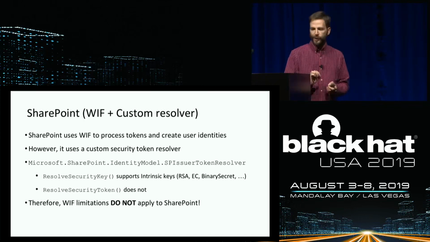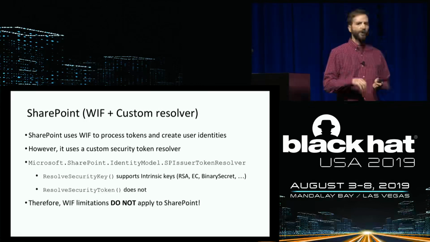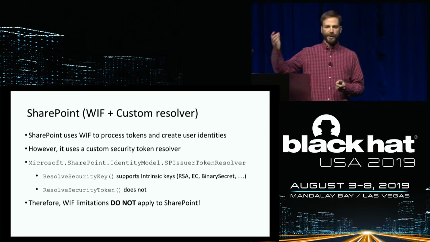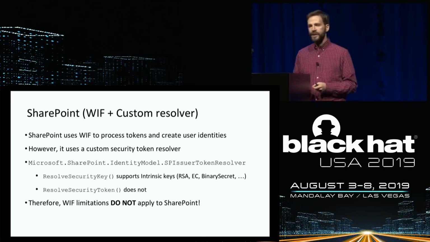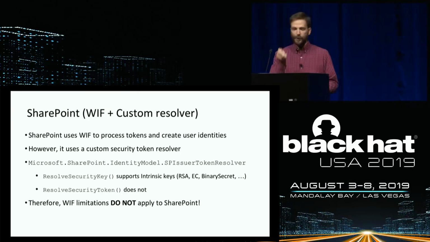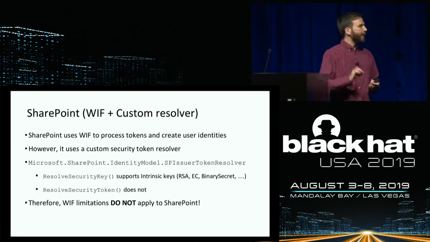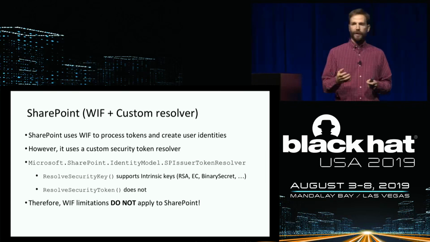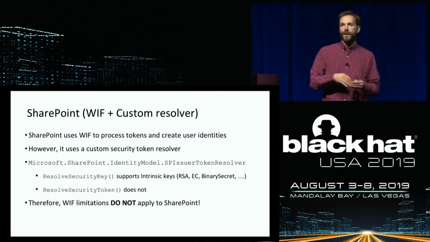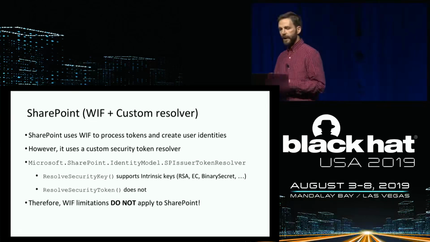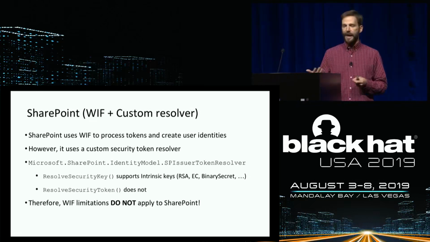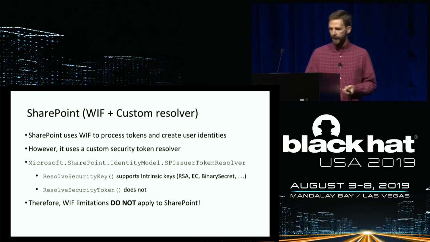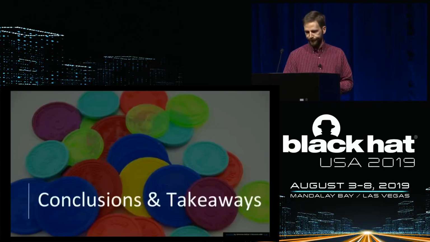And the SharePoint resolver, when resolving security keys, supports things like asymmetric keys, RSA keys, elliptic curve keys, but when resolving security tokens, it does not. And obviously, we can abuse that. Therefore, we can attack SharePoint, which is using WIF, without the limitations of WIF. And with that, we were able to attack and get access to any SharePoint, again, on-premise and also Office 365.